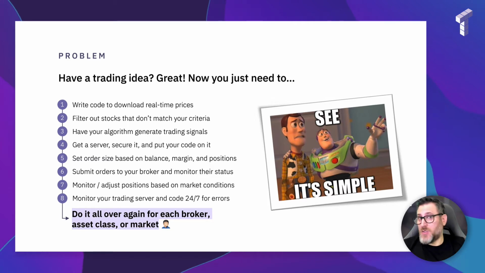You have to write the actual algorithm to generate the signals, and then put it all on a secure server, make sure that your code runs on it 24/7 without any hiccups, and then you need to set your order sizes, manage your positions and margins, and submit orders to make sure that you have the execution part ready, and monitor what's going on there, adjust everything and just make sure that everything works.